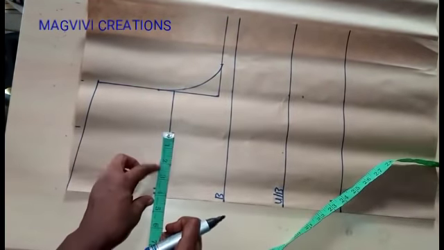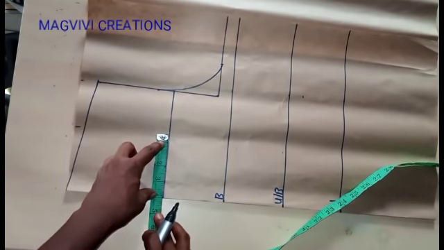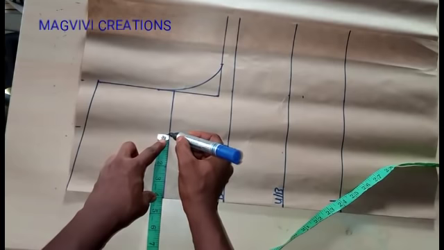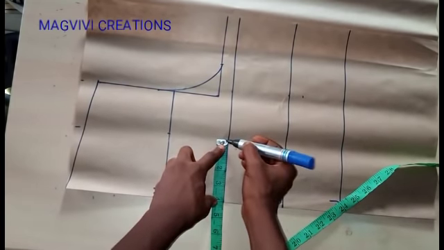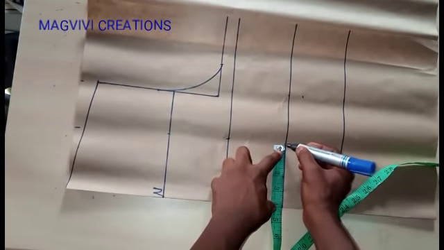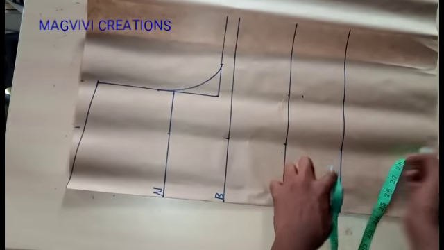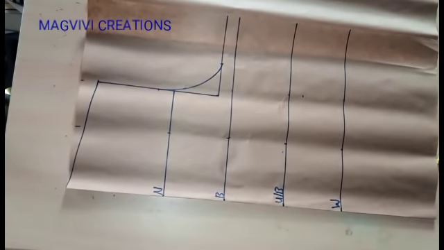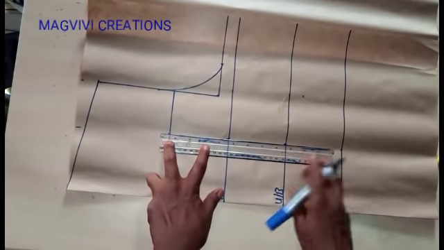That is the bust span. I'll be placing it here without adding any allowance. You just mark your bust span from the neckline all the way to the length of your corset. Mine is 4 inches, that is 8 divided by 2 is 4 inches. Now I will connect the points. Just draw a straight line.